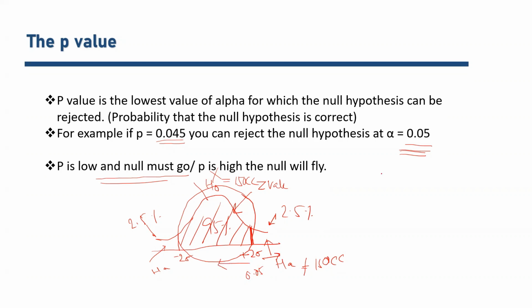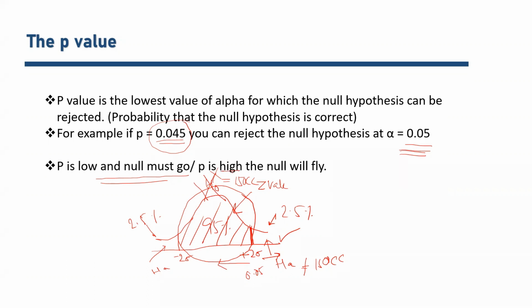So if your P is low, the null must go. So you will not consider the null hypothesis; you will accept the alternate hypothesis.